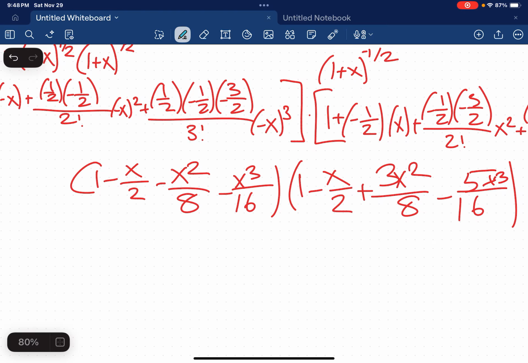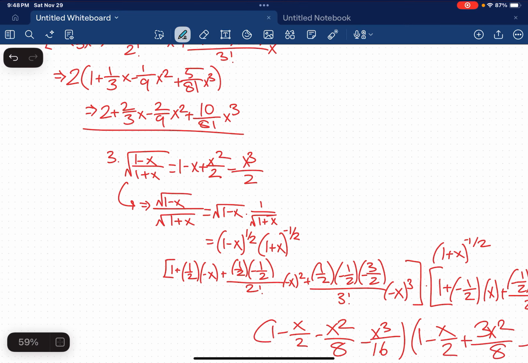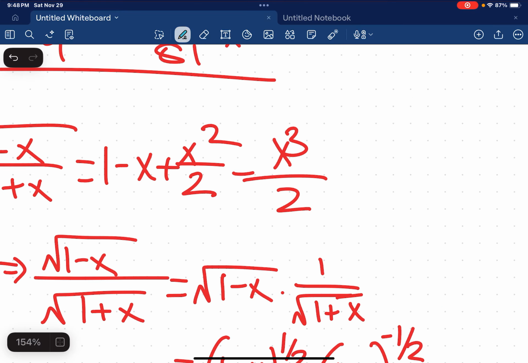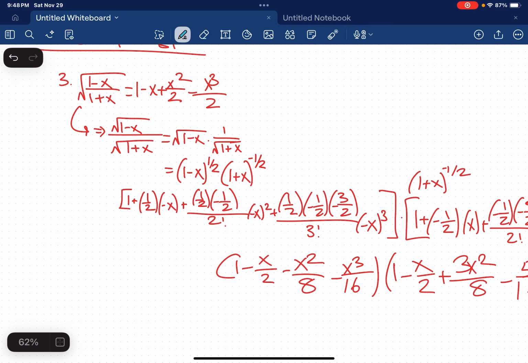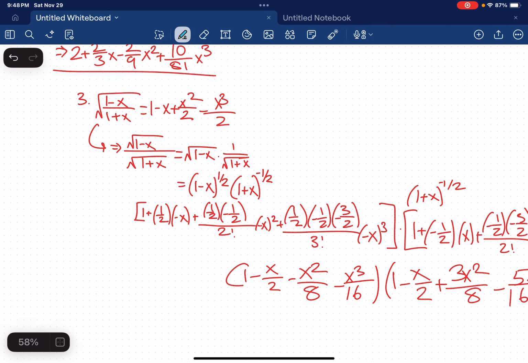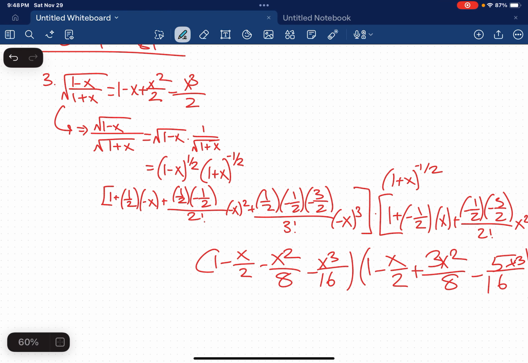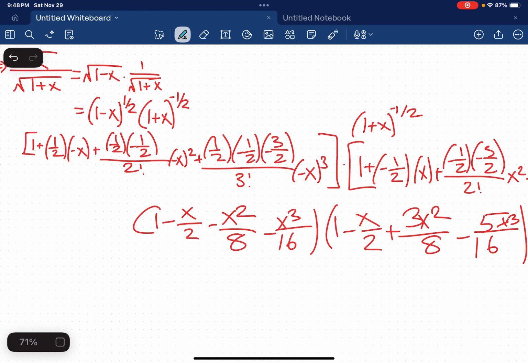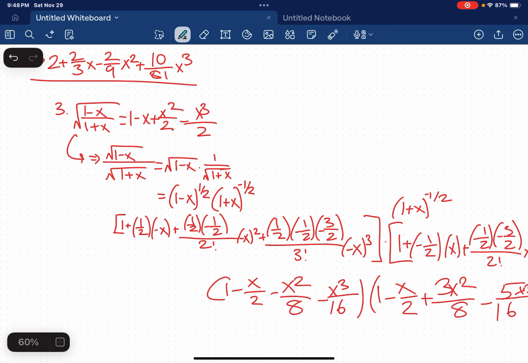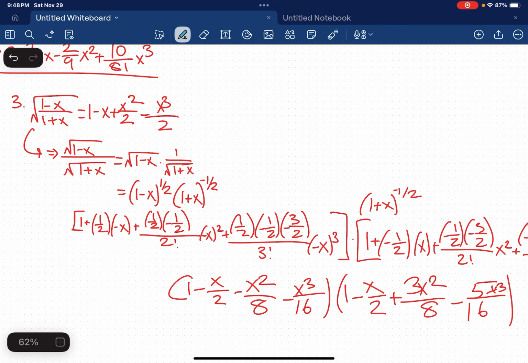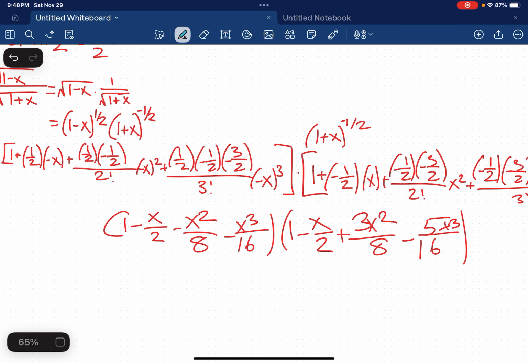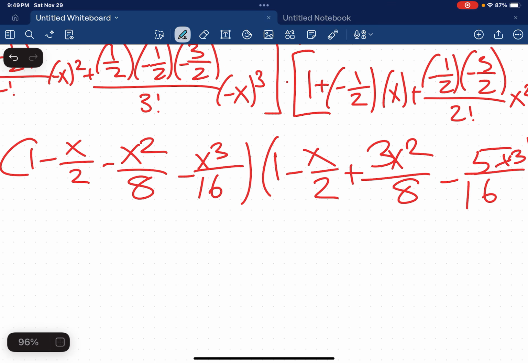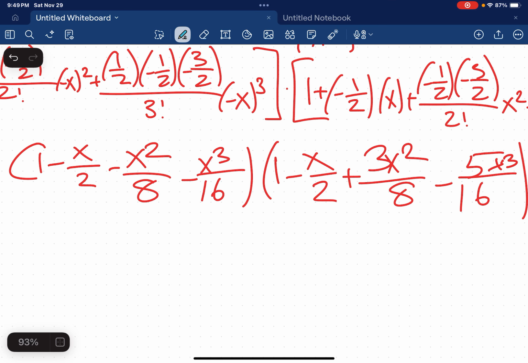I mean, I don't see another way to actually show that it's going to equal this. We're trying to think of maybe how. Yeah, no, I think they just want you to end up multiplying all of this out. That's kind of mean.